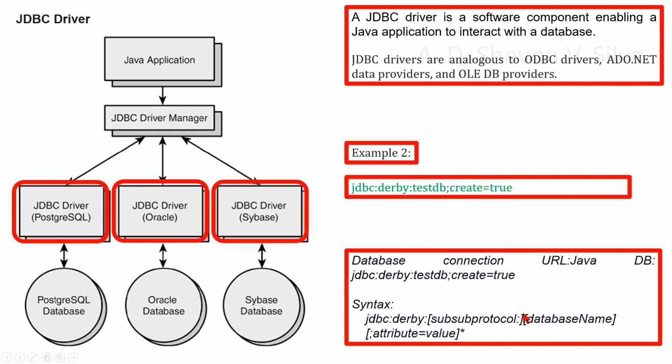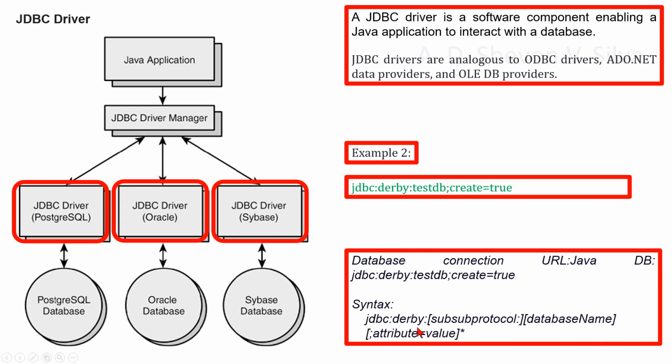As example 2, we can consider this database connection URL in Java DB. You can see the syntax here.